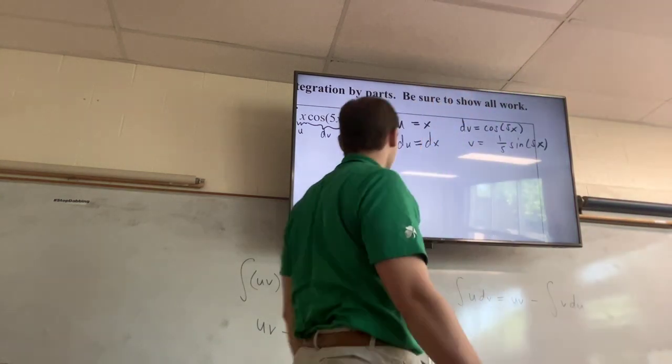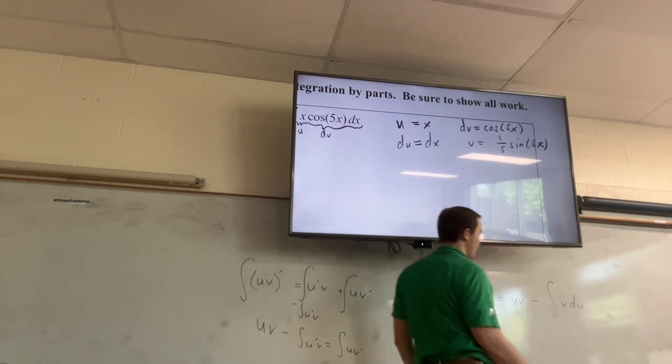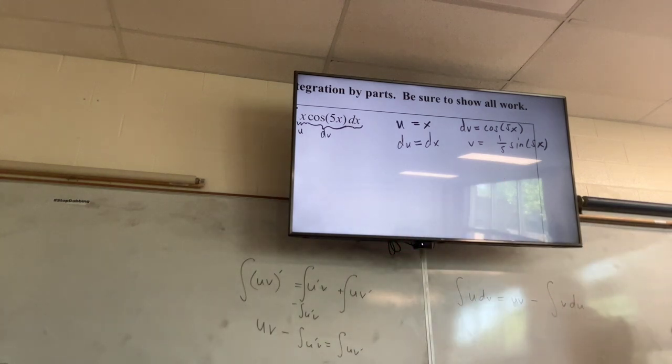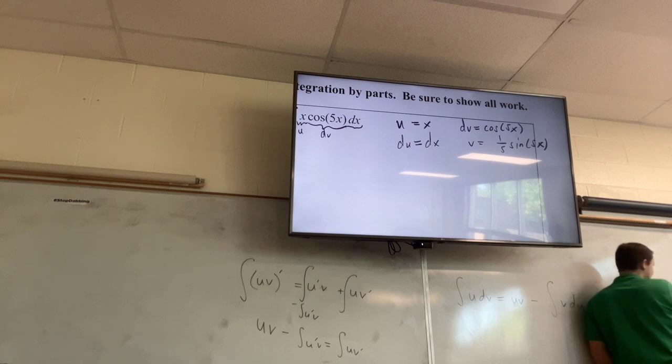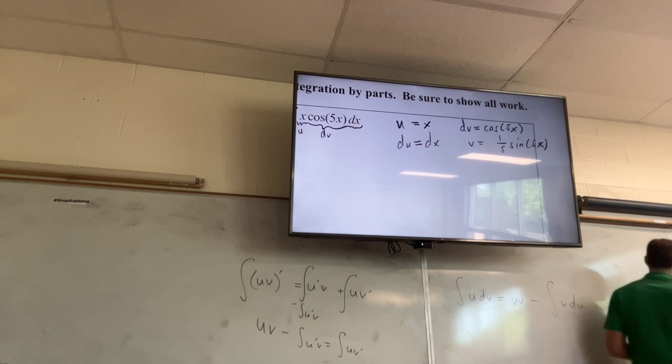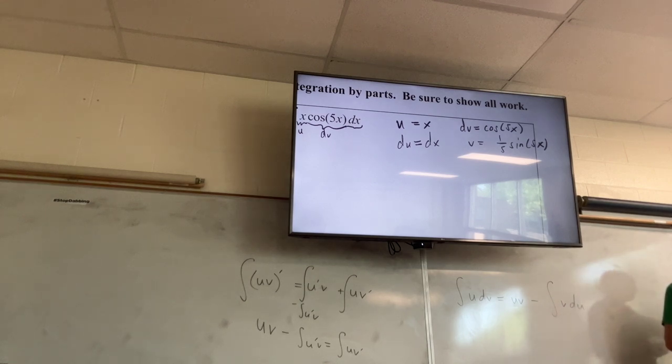The u sub. So this is like its own problem unto itself. Integral of cosine 5x dx. I've got a function 5x nested inside of another function. So I set u equals 5x, du dx equals 5, du equals 5 dx.